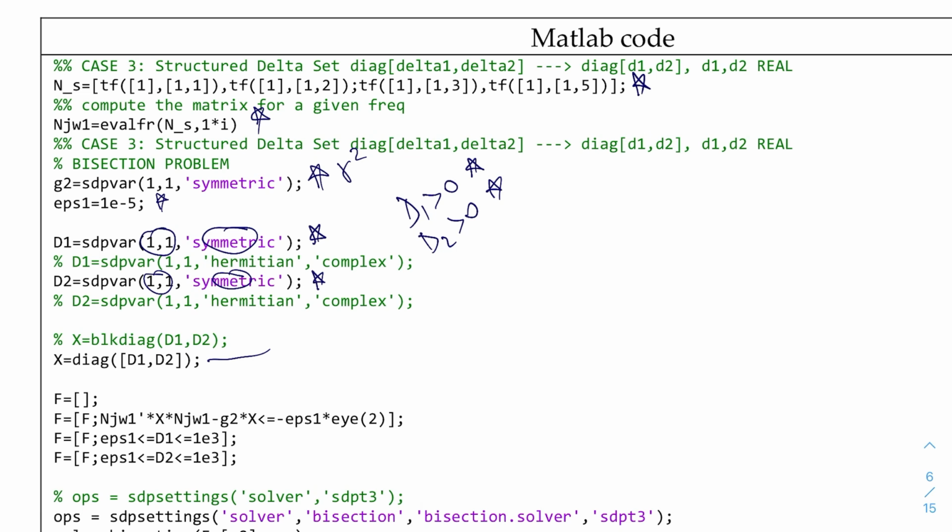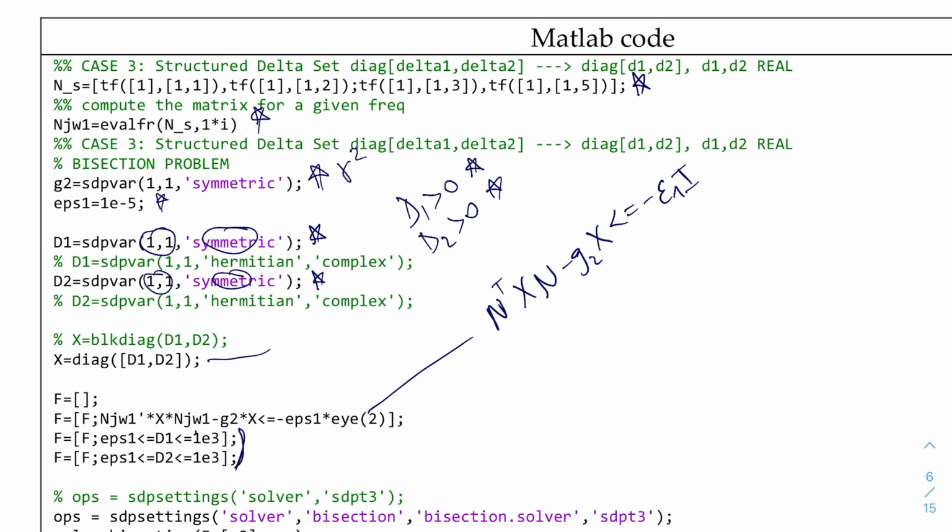Here we just constructed our X, right? And this line, let's look at this line again: n transpose x n minus g2 x less than or equal to 0, but we write that instead.